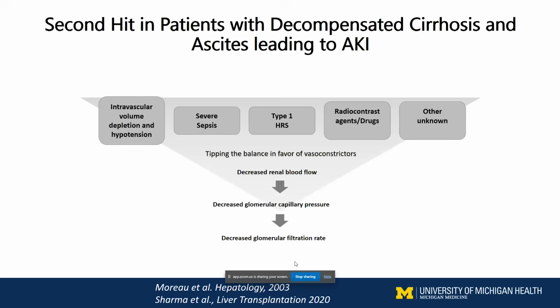Whenever there is a second hit, such as intravascular volume depletion, infection, anything else, that further tips the balance in favor of intrarenal vasoconstrictors, which further reduces the renal blood flow, further reduces the glomerular capillary pressure, and decreases the eGFR. So basically, the kidneys are maximally squeezed, and they feel that it's a pre-renal physiology, and a functional HRS sets in.